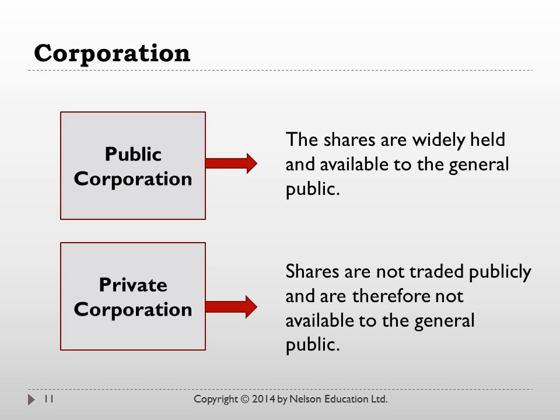Many corporations in Canada start out as private corporations, and as they grow, they may become public corporations or open up the ownership to the general public. That is called going public. So a private corporation that opens up its ownership to the general public goes public.